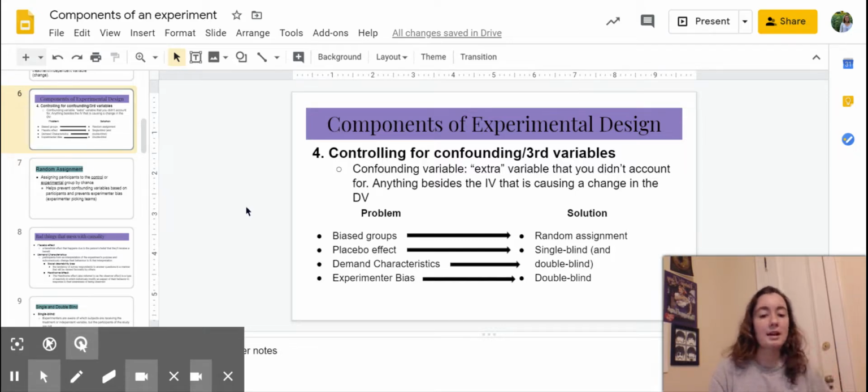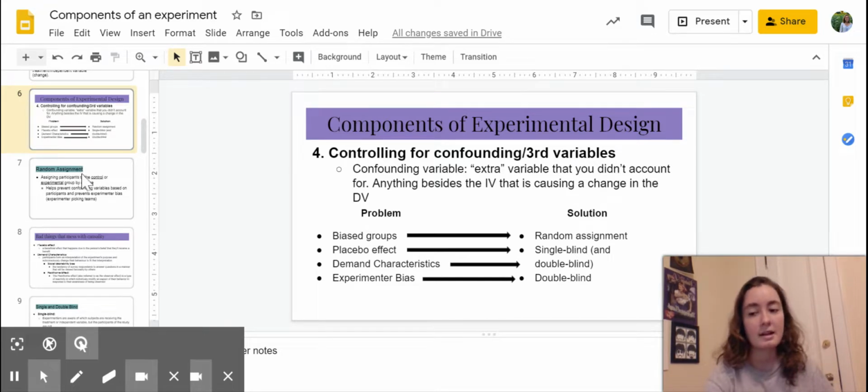So the double blind can prevent that. And another form of experimenter bias is when, again, they know what they want the outcome to be, so they're consciously or unconsciously pushing their participants to answer in a certain way, or behave in a certain way to prove that hypothesis. So double blind, in which the researcher doesn't know whether they're in the control or experimental group, will help prevent this experimenter bias.